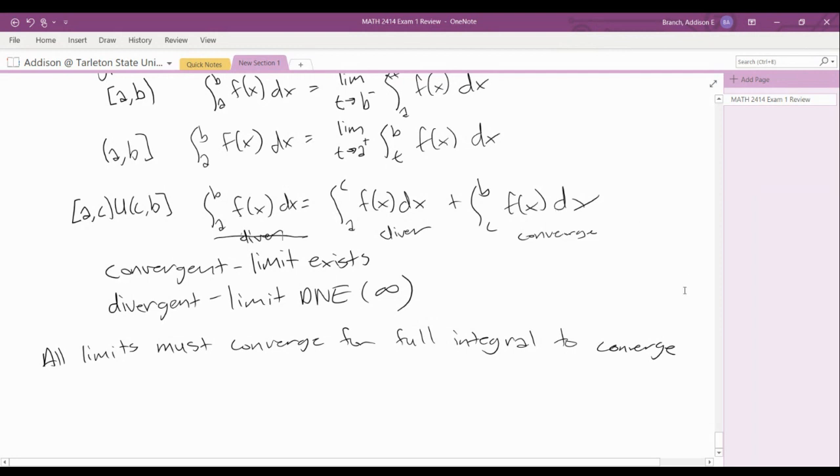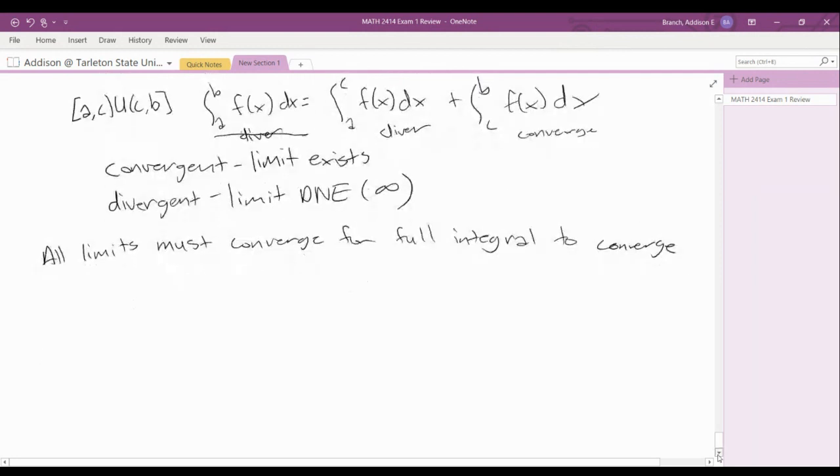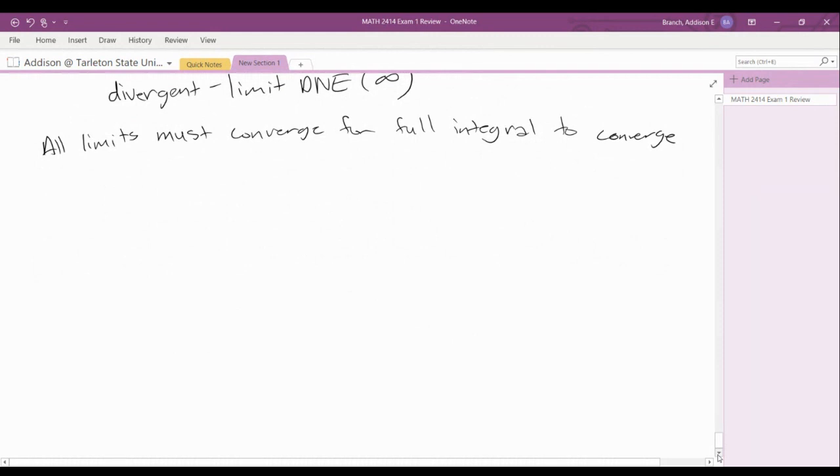So let's do an example for this. We're going to do a quick example because we have 15 minutes and one more section to get through.